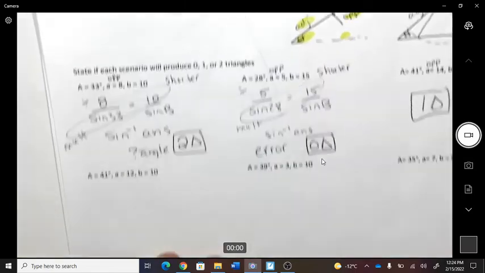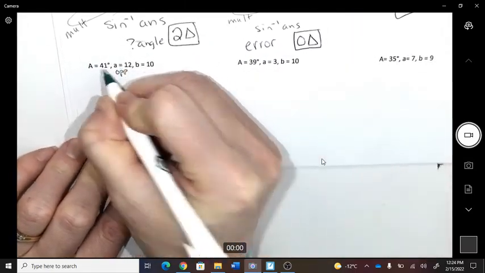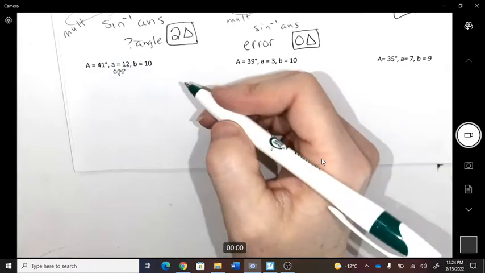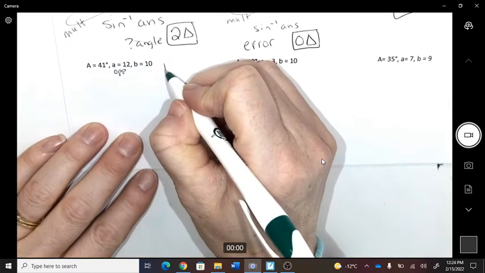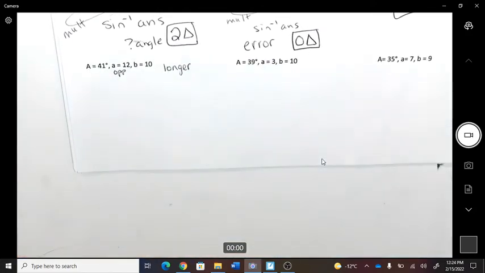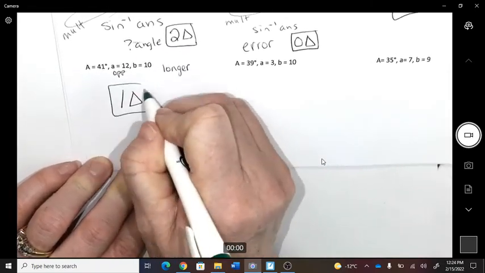Okay, number 4. Opposite side. So A is opposite. So I'm getting a longer, right? Opposite is longer. So 1 triangle is the conclusion already.